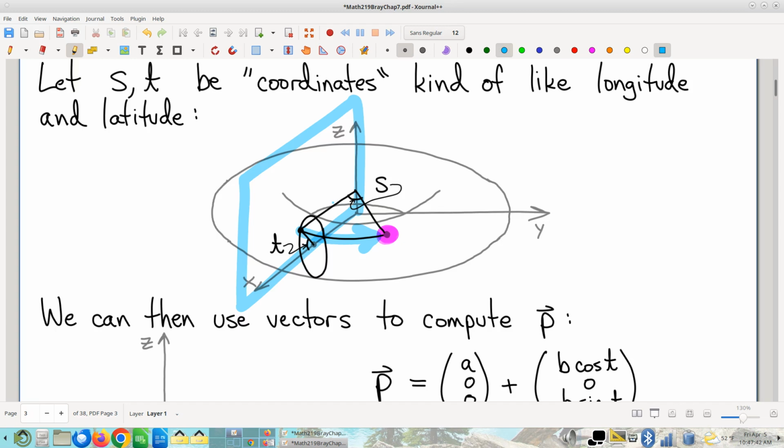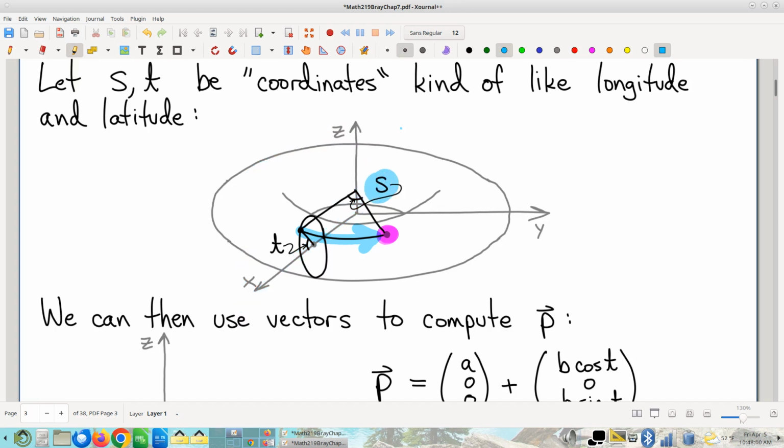This is what we would normally call theta, right? But I think that'd be a natural choice, because this angle suggests a kind of roundness, and our shape truly is round in that direction. So it is very natural. So this angle is what I'm going to call S.